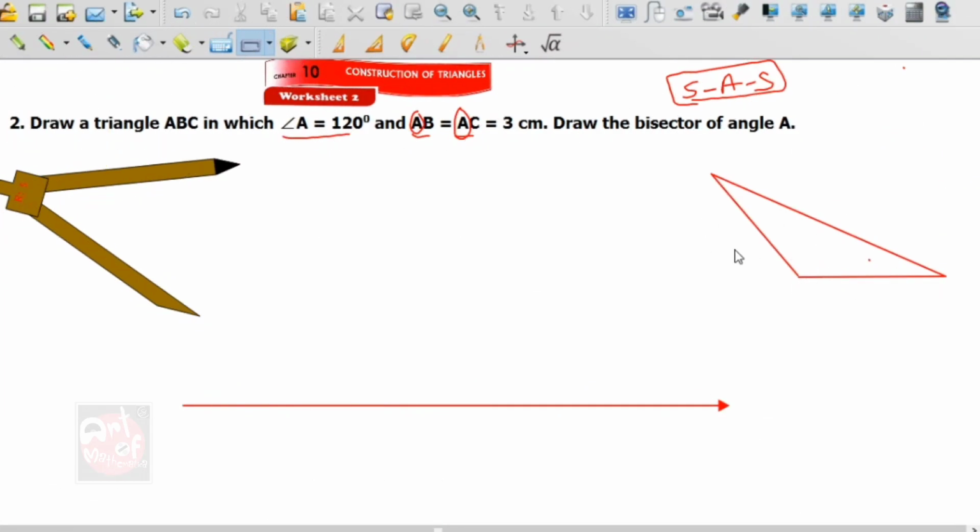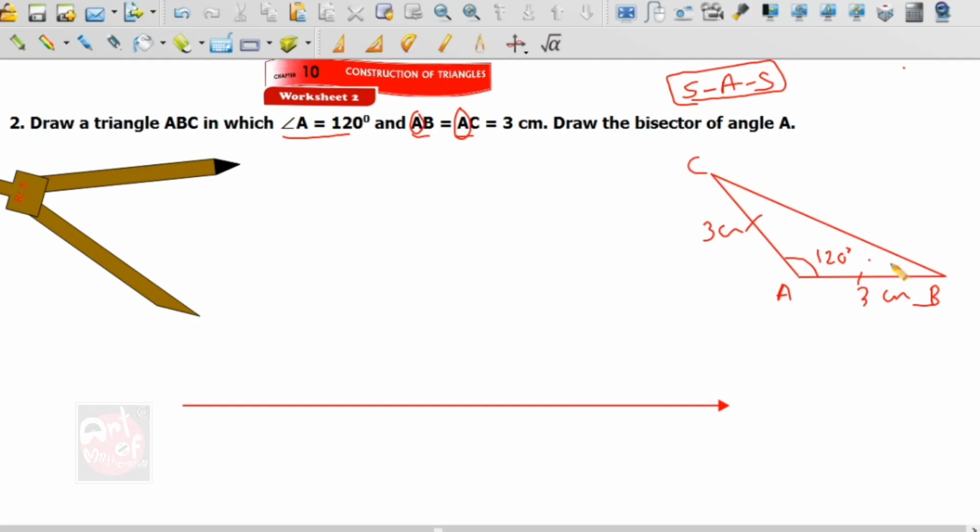Now you can see this type of triangle will come. So if I take A, B, C, that one is 120 degree. So from there I have to draw a 120-degree angle. And one more thing I have to say, AB equals AC, that means these lengths are the same, so this should be 3 cm, this should be 3 cm, I have to cut.